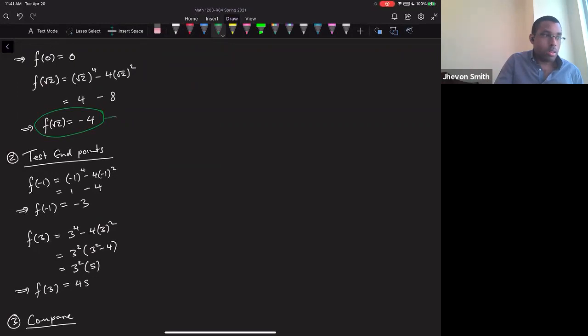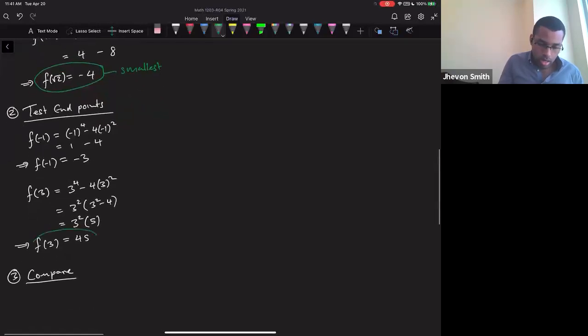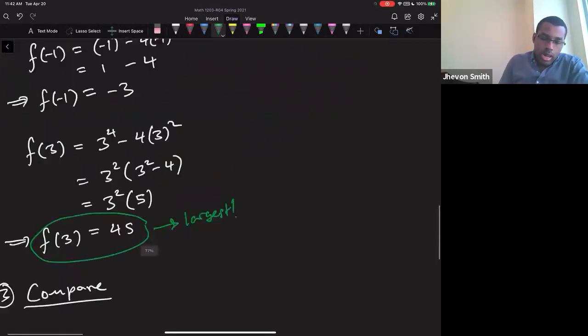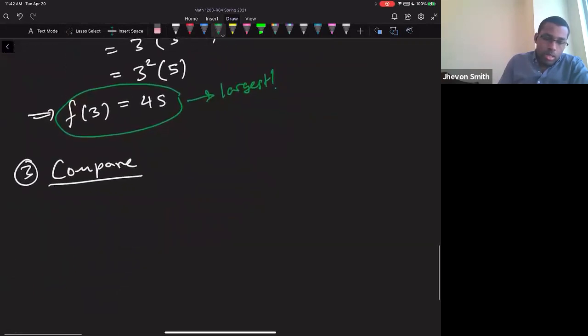And this is the smallest. And the largest is this one. That tells us what our absolute max and min are.